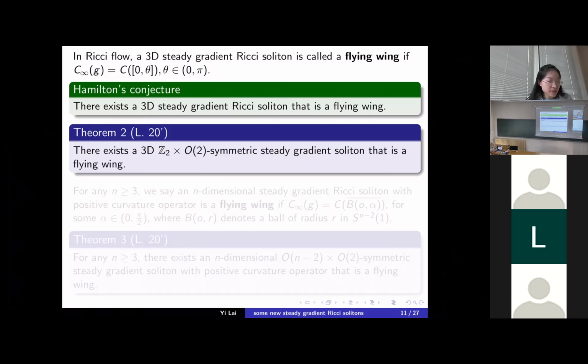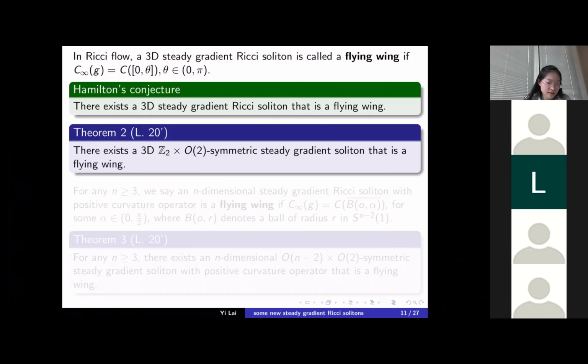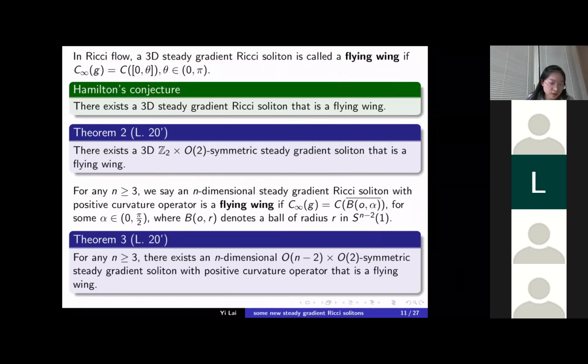Right, okay, so now this is the 3D flying wings, and if you generalize this concept a little bit, then we can say what a higher dimensional flying wing is. So here is our formal definition. We say that in general, an n-dimensional flying wing is some static gradient soliton with positive curvature operator, such that its asymptotic cone is a metric cone over some geodesic ball in the n-1 dimensional sphere of curvature equal to 1.